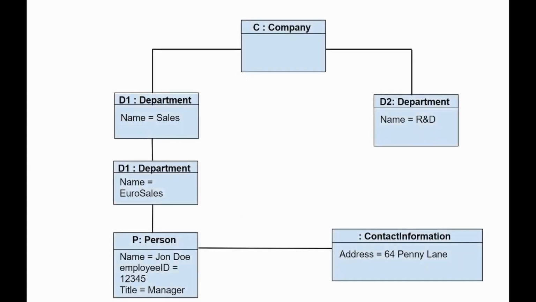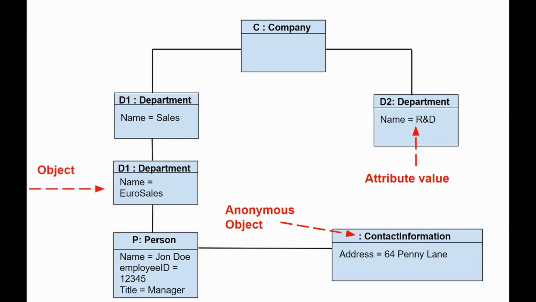Since UML object diagrams provide a snapshot of instances and the relationships between them in the system, we can create object diagrams by instantiating the model elements on class diagrams, deployment diagrams, components, and use case diagrams. For example, we can represent a part of the company structure with the object diagram.